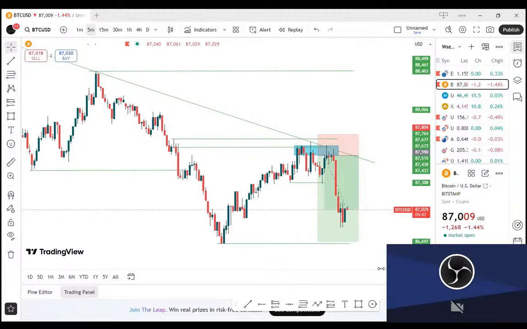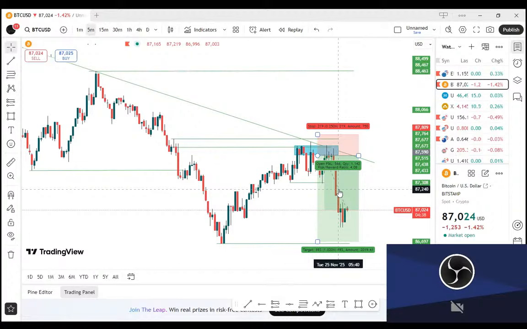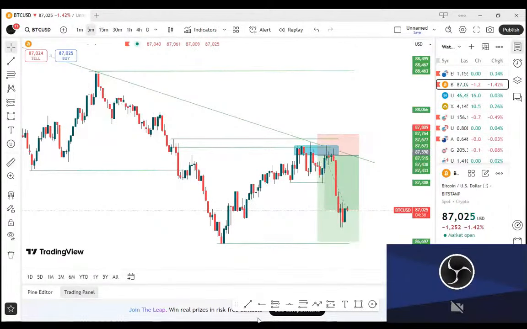Okay, it's BTC USD, 5 minutes time frame. I'll make it show now because most of us are asking me why it's not showing. It's my setting.